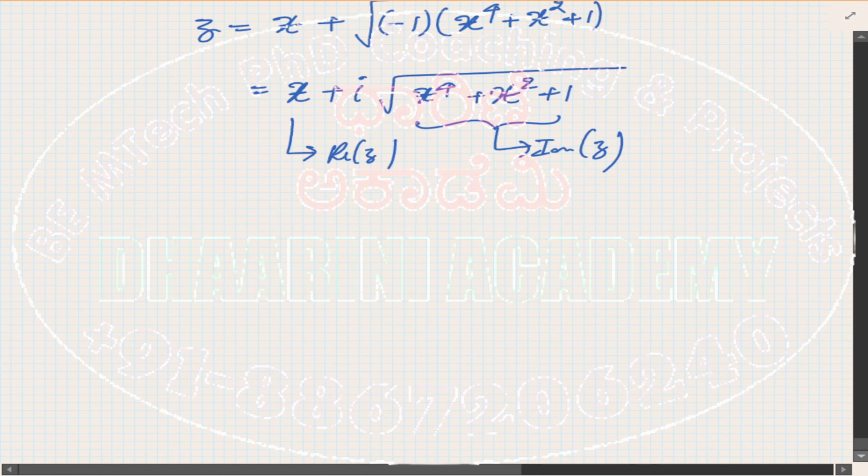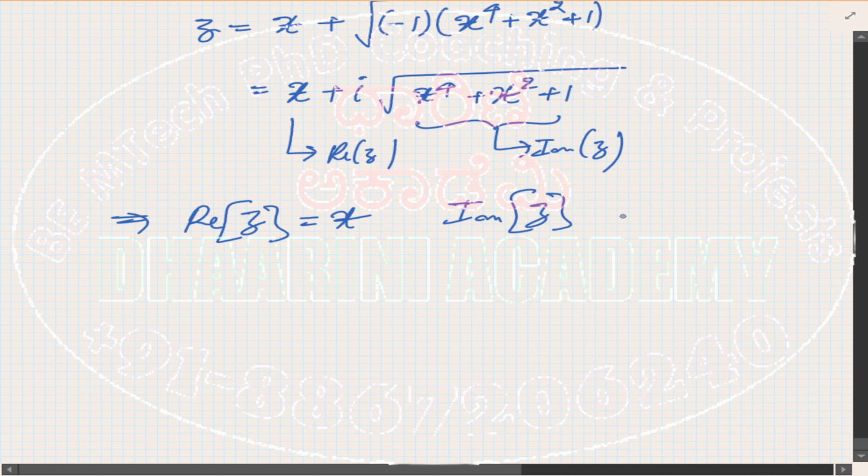Right, now we can apply the formula, right? So if you want to find a square root, I need to find the values of a and b, correct? So this means I can write this. So real of z is equal to x, imaginary of z is equal to root of x to the 4 plus x square plus 1.